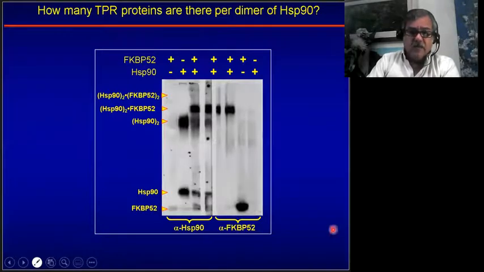Both HSP90 bands, monomer and dimer, fade when FKBP52 is present in favor of this band of about 240 kilodaltons. Nothing is shown above. This argues in favor of a stoichiometry of 1 TPR protein per HSP90 dimer.